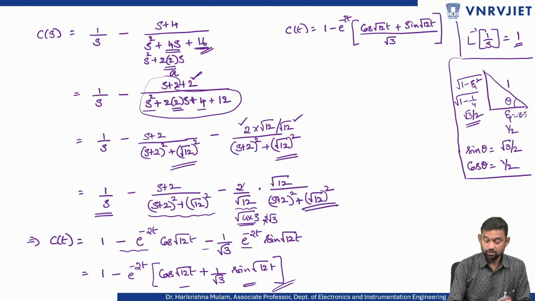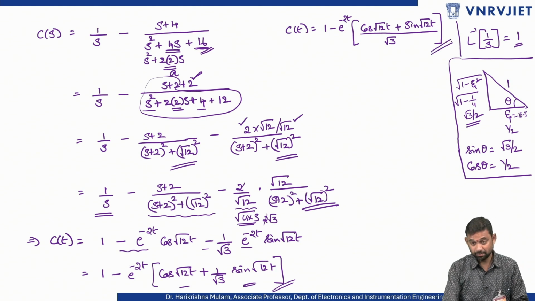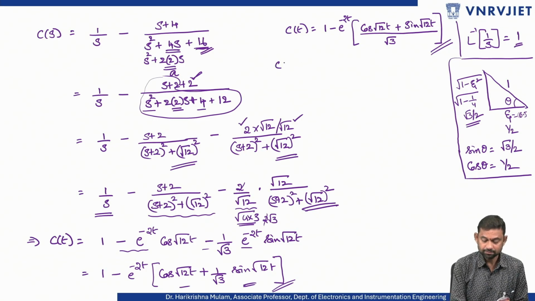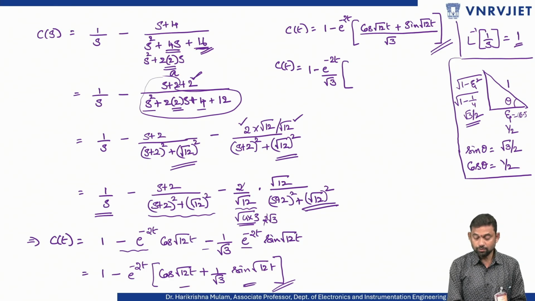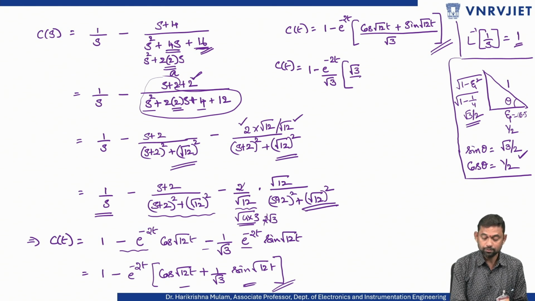We can use these values so that this expression is represented in the form of sin A plus B form. Therefore, C of t is equal to 1 minus e power minus 2t by root 3 into, okay, I would like to multiply this cos root 12t with the sine term, that is root 3 by 2.